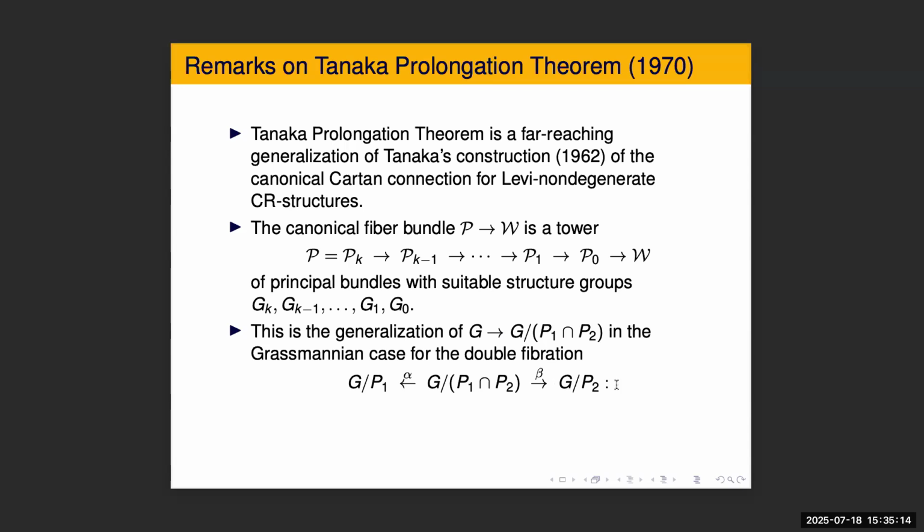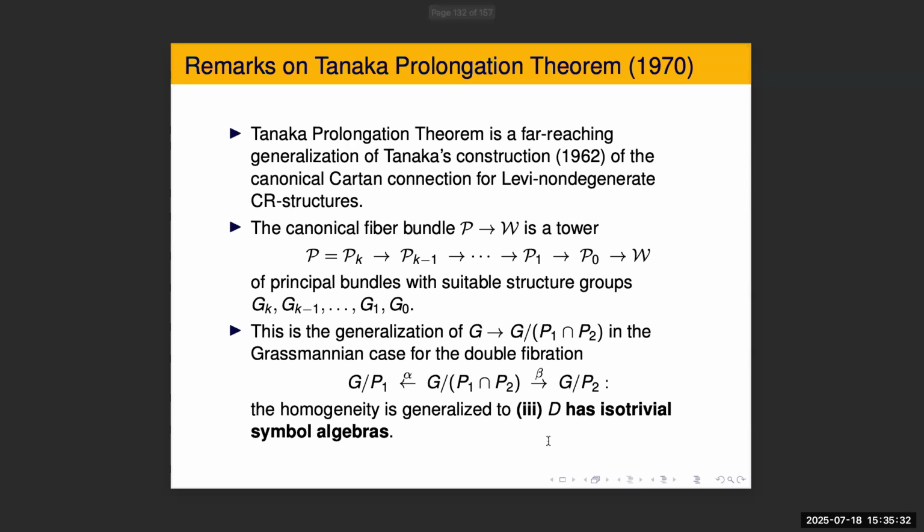For a homogeneous space and homogeneous structure, everything can be explained in terms of Lie theory, but Tanaka generalized it to the situation where the space is not necessarily homogeneous, but instead he requires some homogeneity. And that is the third condition, that the symbol algebras are isotrivial. So at every point, the symbol algebras are isomorphic. That reflects some kind of homogeneity. So that is Tanaka prolongation theory.